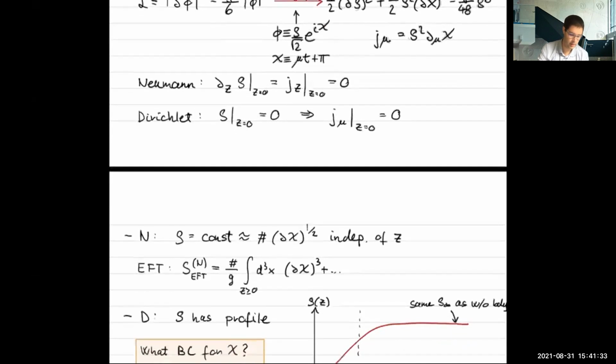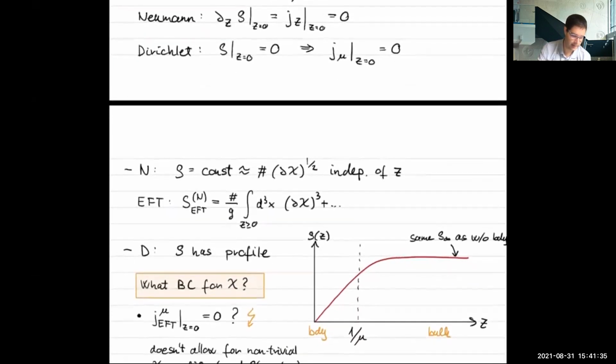Okay, so how do we implement these boundary conditions in the EFT? Now, Neumann is straightforward. We solve the equation of motion for rho. It's a constant throughout the bulk, including at the boundary. It's equal to the 1/2 power of d chi independently of z.